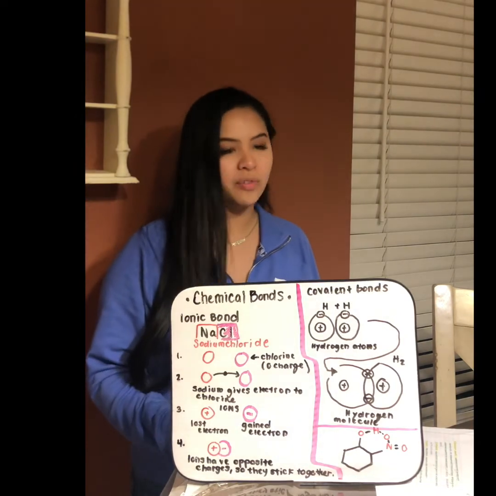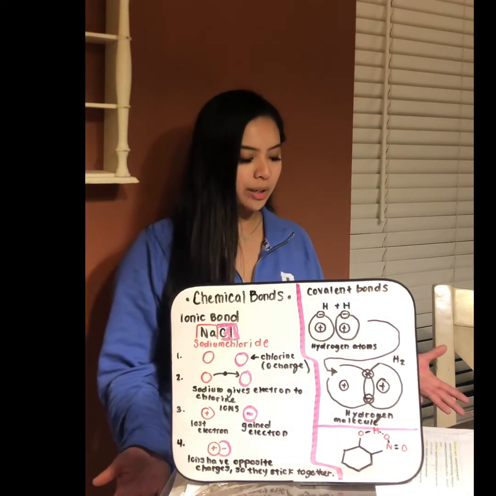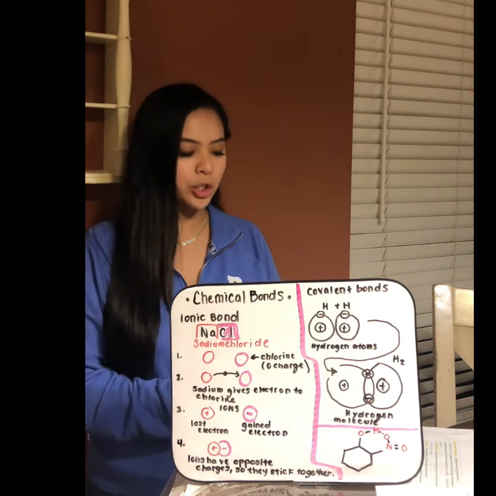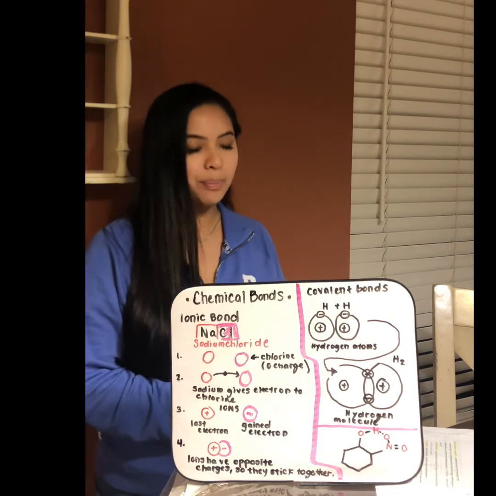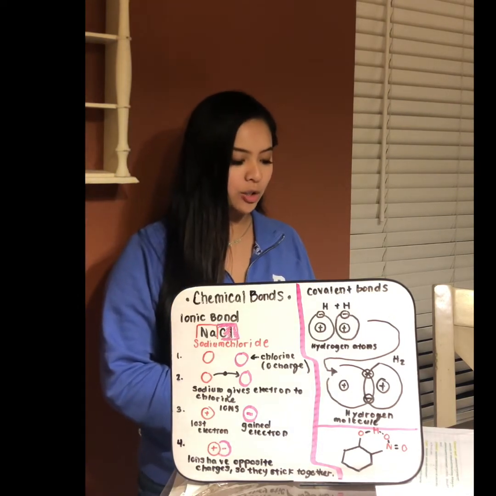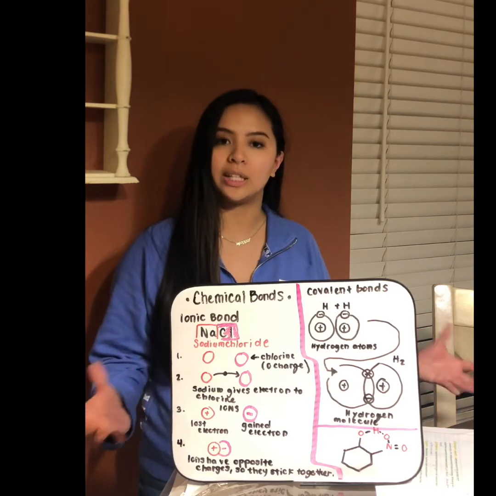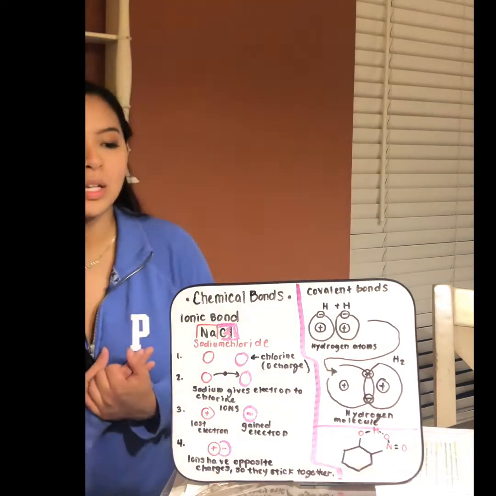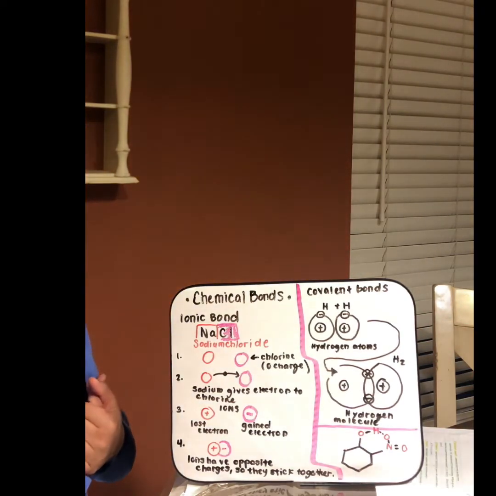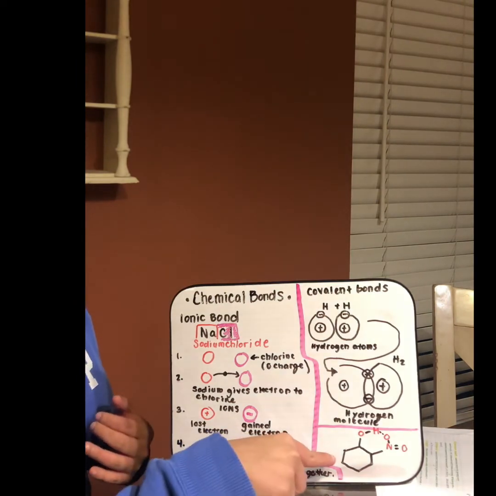There are 2 types of covalent bonds: nonpolar and polar. Nonpolar is 2 atoms sharing a pair of electrons, and polar is 2 atoms where the electrons forming the bond are unequally distributed.